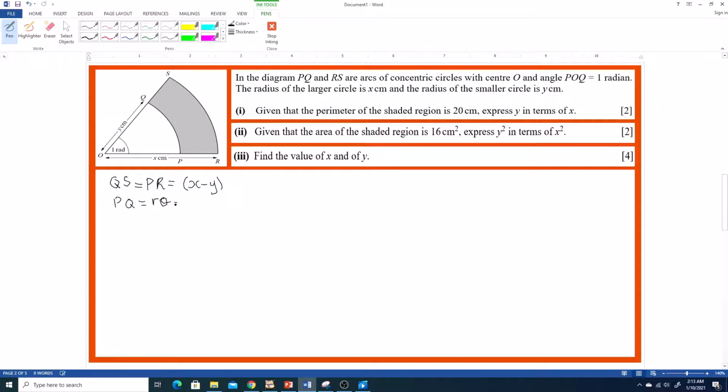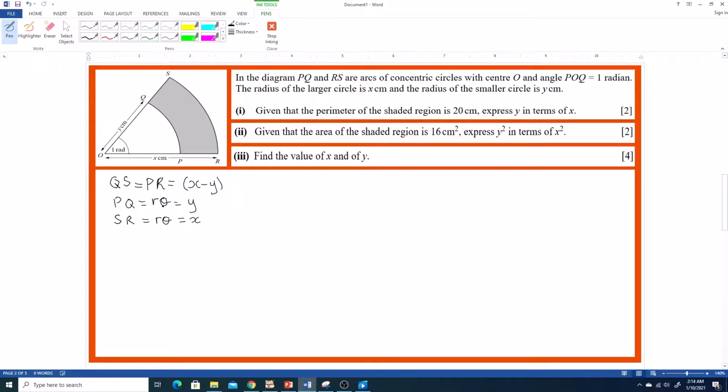In this case, our r is y and our theta is 1, which just gives us y. And the last bit, SR, is equal to r theta again, and our r in this case is x, our theta is 1, so x times 1 just gives us x.